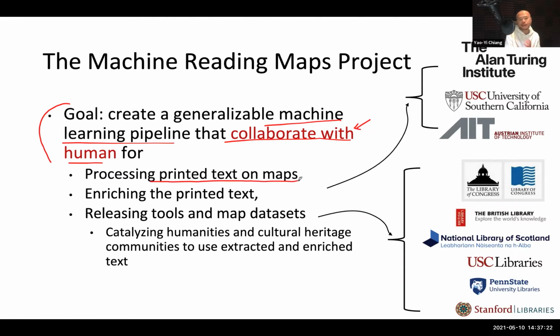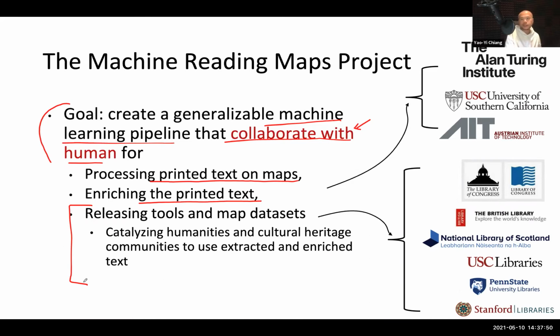So we are focusing on map text and enriching the printed text so that we can release tools and map datasets to help our community, who may be museums or libraries that have lots of map collections, or researchers in the digital humanities or social science. They want to look at map content and use map content in their study, and also to share datasets.